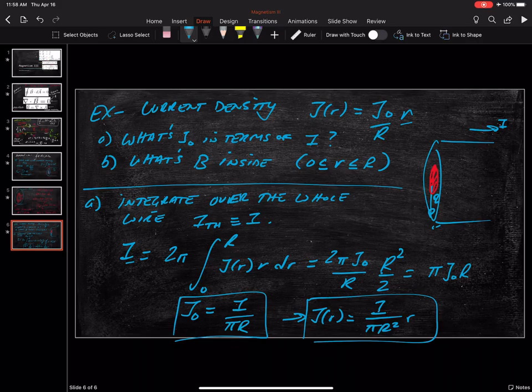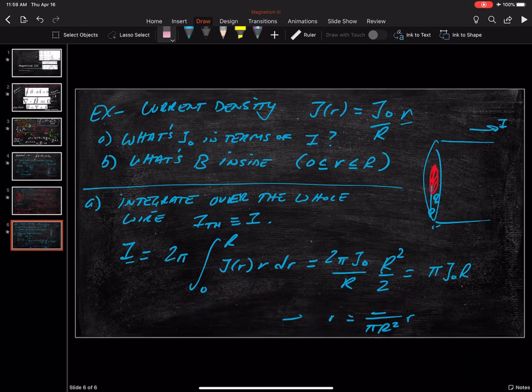Wait, something's wrong. I am so sorry. This is why it's bad to go too fast. That was wrong. The units didn't work. That's not R squared over 2, it's R cubed over 3.